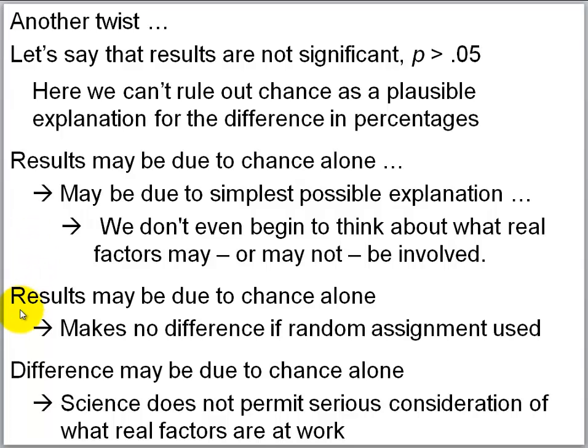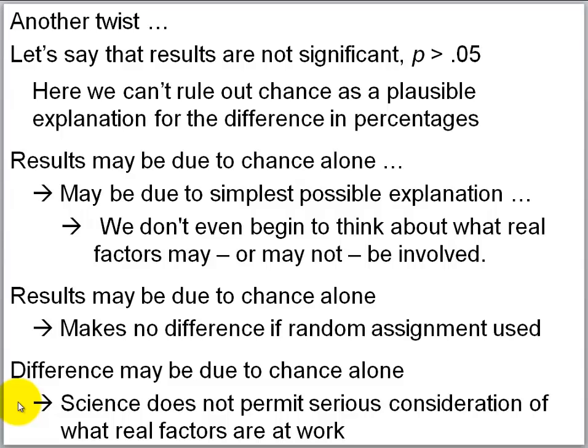So if the results may simply be due to chance, in essence, it makes no difference whether or not we have random assignment. We have no solid data that there's a real difference between, in this example, the two programs, and as such we presume the results are simply due to chance, and the question of whether the result is due to a confounding variable or to the real effects of the treatment wouldn't even come up if our result was not statistically significant.